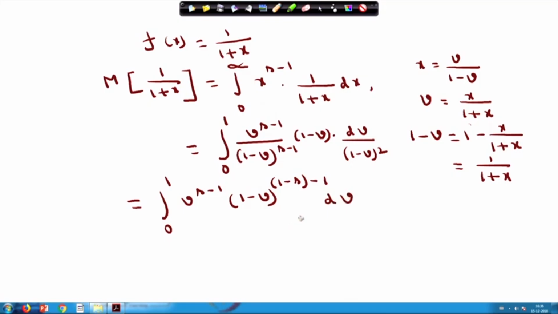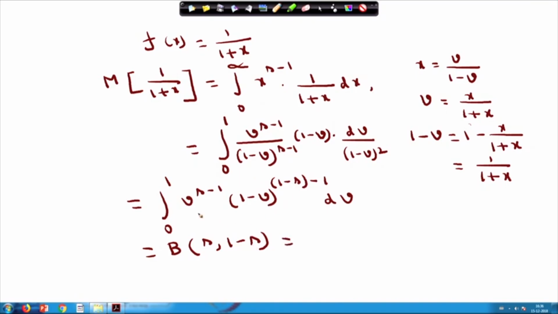Again, this is a well known function. The value of this integral from 0 to 1 is basically of the form x to the power m minus 1 into 1 minus x to the power n minus 1. So, this value is nothing but a beta function, beta s comma 1 minus s.